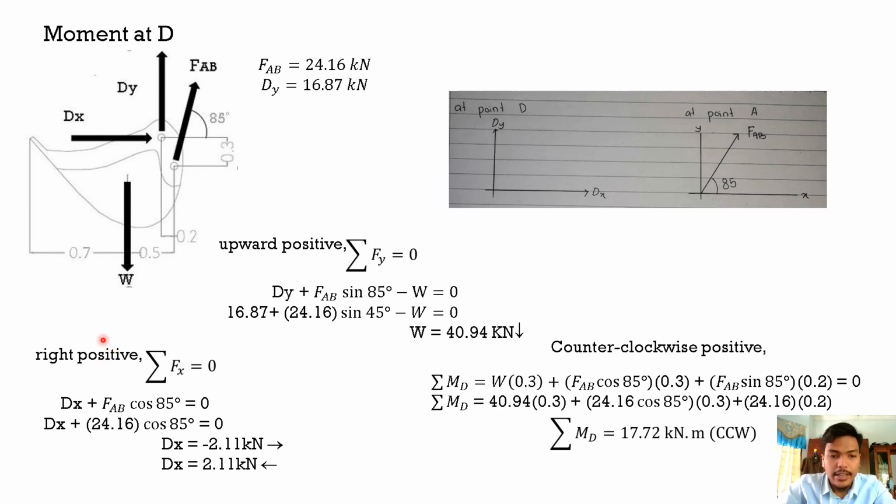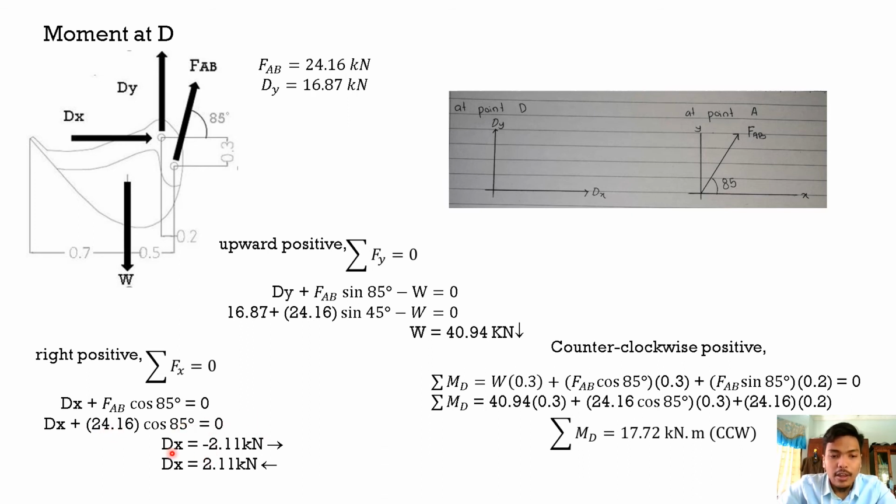We assume that forces going rightward are positive. So the equation will be Dx plus FAB cos 85 equal to 0, because here we have an 85 degree angle for FAB. Dx is unknown because we don't have the value yet. So we insert the FAB value, which is 24.16 cos 85, equal to 0.